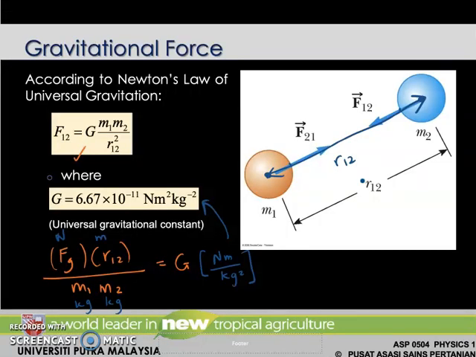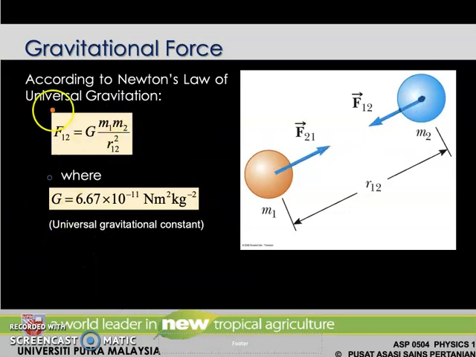So, gravitational force. According to Newton's law of universal gravitation, I know Newton has so many laws, right? But really, we have to learn this because it is about the Earth. It's about the universe. Newton's law of universal gravitation states that the force of gravity is equal to G, where G is the universal gravitational constant, m1 is the mass of object 1, m2 is the mass of object 2, and r12 is the radius between mass 1 and mass 2, squared.